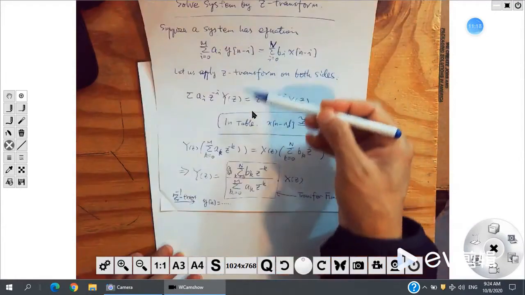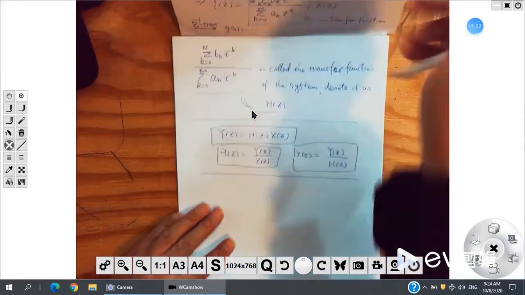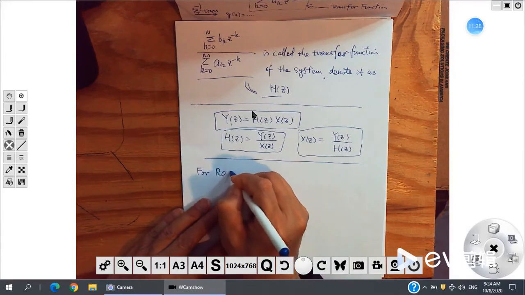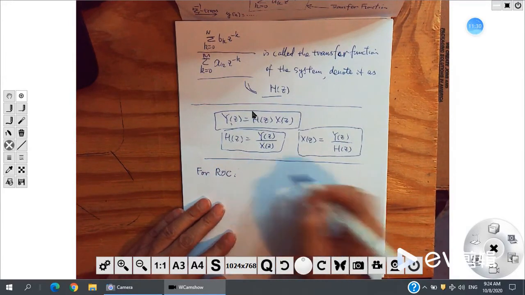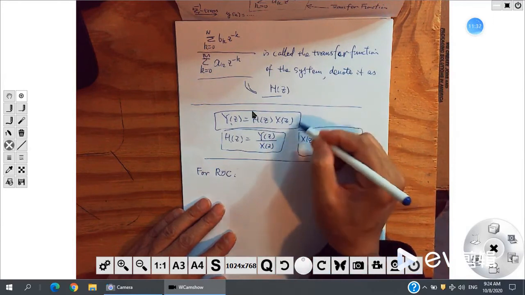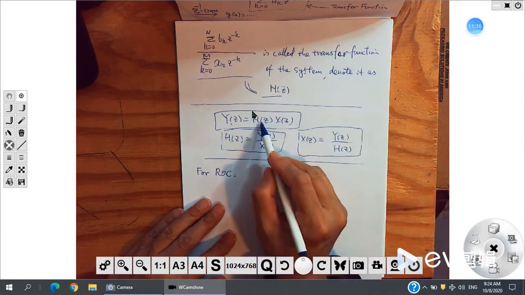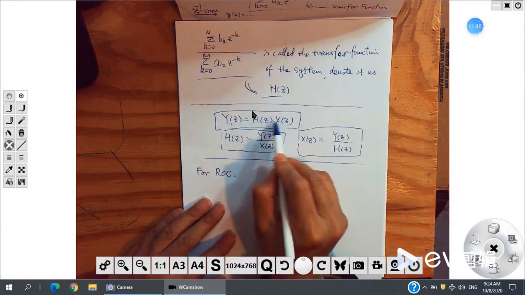I didn't mention the ROC yet. So we have three formulas, and in the first formula, the ROC of Y is the common part of the ROC of H and X.